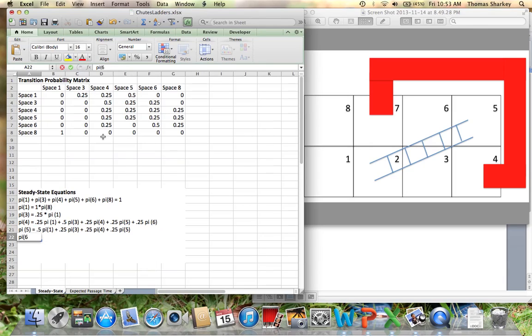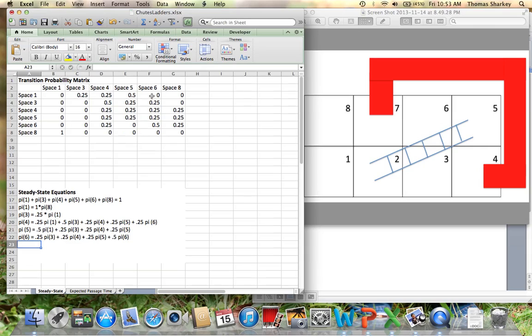Pi of 6 is going to equal 0.25 pi of 3 plus 0.25 pi of 4 plus 0.25 pi of 5 plus 0.5 pi of 6.